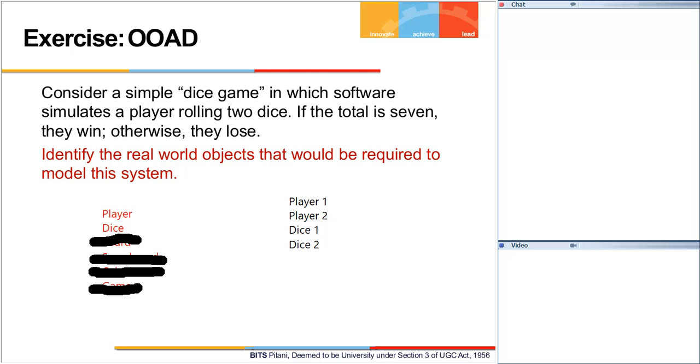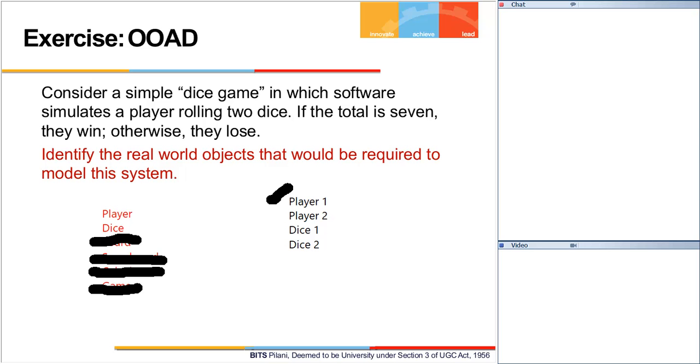Right? Now coming to this, somebody has said the real world objects are player 1, player 2, dice 1, dice 2. No. You are correct in identifying that there are 2 types of objects. There are 2 types of domain concepts, player and dice, right? Their instantiation in real time, as player 1 and player 2, is a completely implementation based issue.